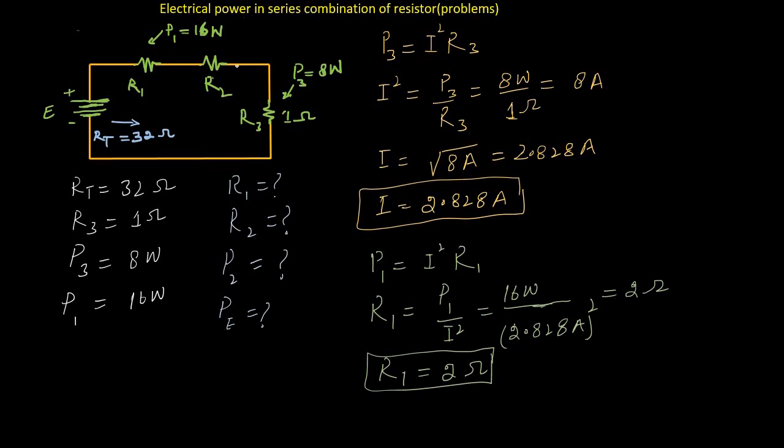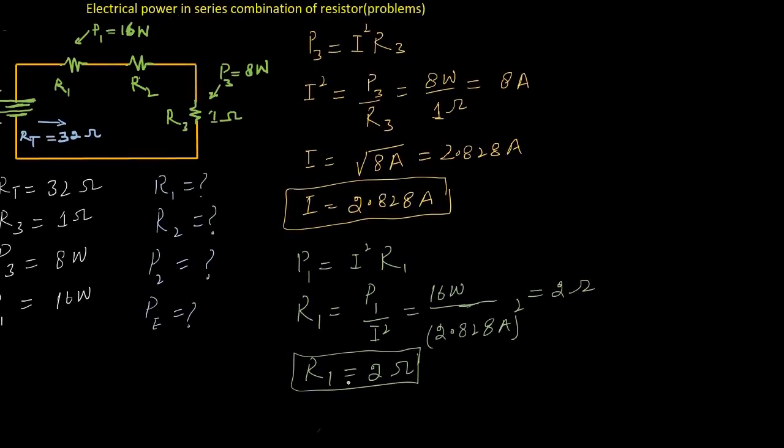Now to find the resistance value of the second component, we are given the total resistance of this network, and also R1 and R3, so we can easily find R2. As we know, the equivalent resistance for any series combination of resistors is equal to the sum of all the resistors connected in series. So RT equals R1 plus R2 plus R3. RT, R1 and R3 are already given to us, so R2 is equal to RT minus R1 plus R3.